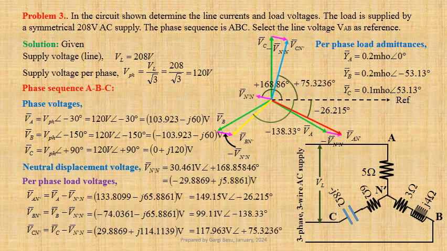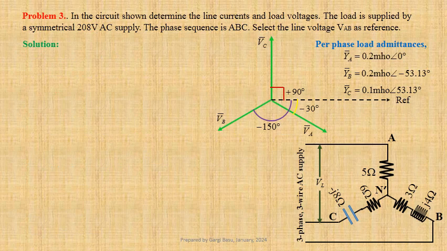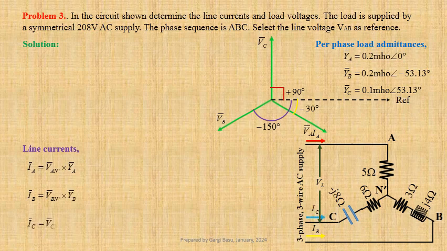Expression for line currents: IA equals VAN' into YA, IB equals VBN' into YB, and IC equals VCN' into YC.